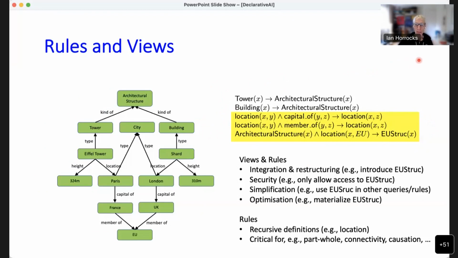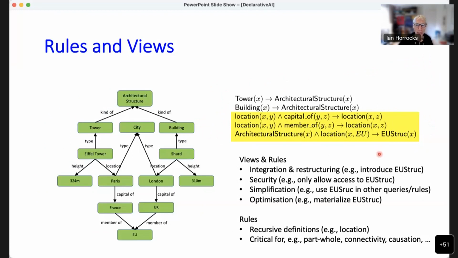Another thing that's nice about being able to use these kind of rules is that actually I now have views again. So we can think of these rules as actually corresponding to, in some senses anyway, views.